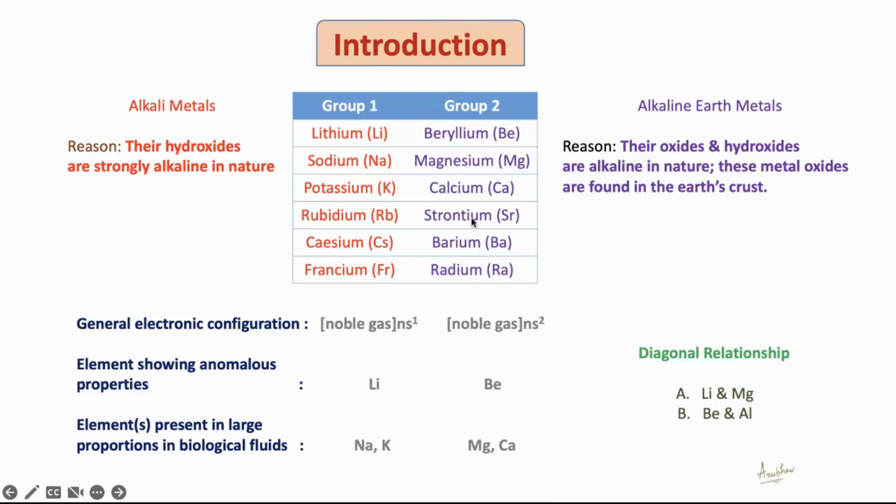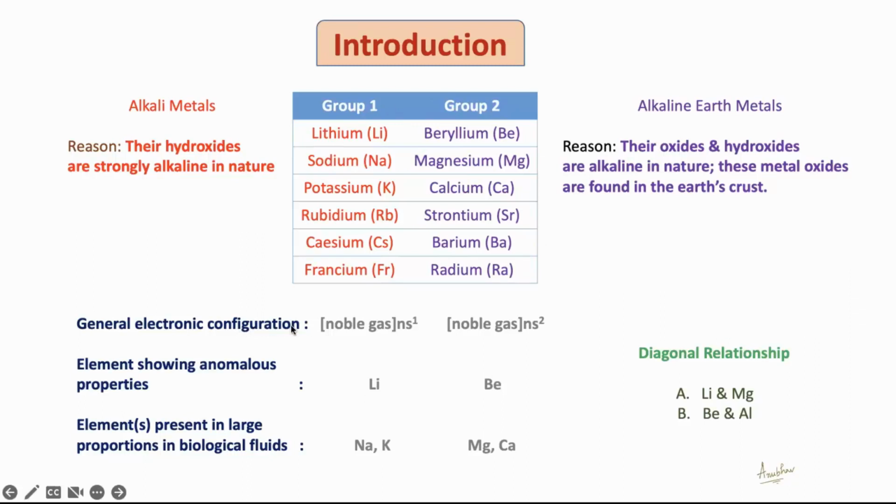That's why these elements are collectively known as the alkaline earth metals, because their oxides are earth abundant. None of these group 1 or group 2 elements are found in nature in their free state. In all the cases, we will find them as their halides or oxides or hydroxides, because all these elements are highly reactive in nature.